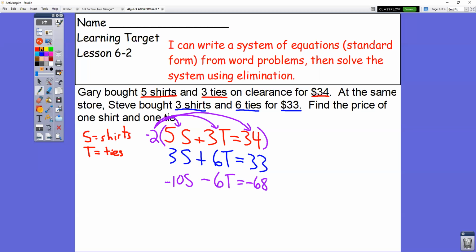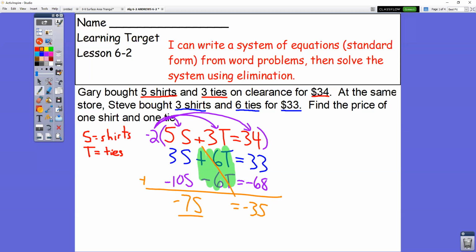Now that I have my distributed equation, I'm going to add going down because I have my opposites right now. I have my -6 and +6. So when I add going down, these 6t's are going to cancel out. So I have 3s plus -10s, which gives me -7s, equals 33 plus -68 is -35.